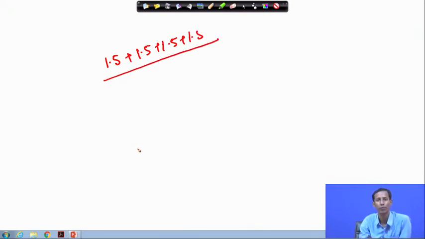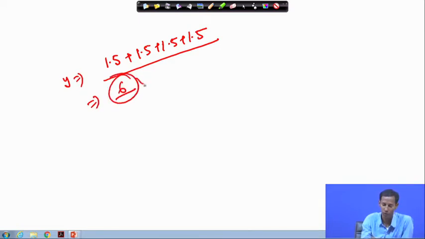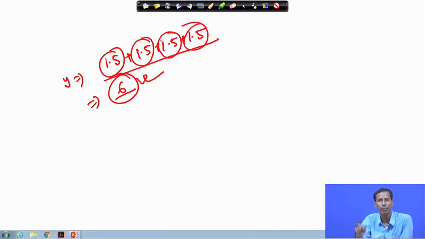If I add them just in decimal numbers, what will y be? y will be 6, and 6 will be my result. Now, considering each of these numbers on that particular circuit we have just discussed, if I add them, what will happen?